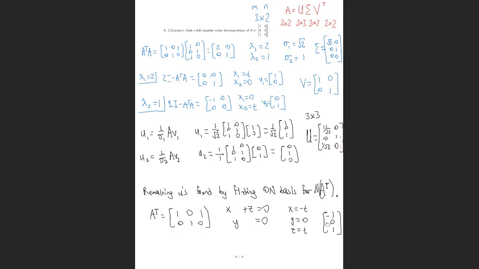If you had more than one basis vector, you might need to do Gram-Schmidt to make them orthogonal. And then once you make them orthogonal, you would normalize each of them to make it orthonormal. But in this case, we just have this one vector for U3. So this would go into the third column for matrix U. And then with the matrices sigma, V, and U that we calculated, you'd have A equals U sigma V transpose, and that would be the full singular value decomposition.